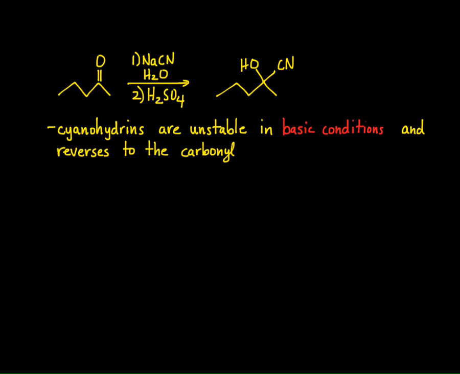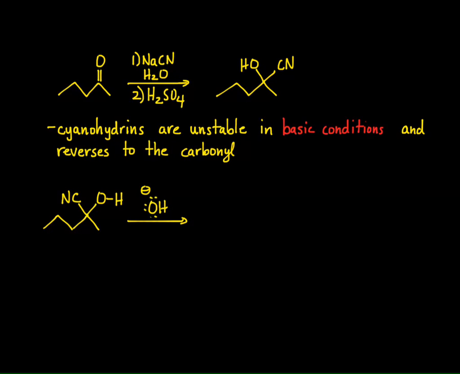You find cyanohydrins in nature a lot of times as defense mechanisms of insects of some sort, where they can release cyanohydrins in their skin, and then those cyanohydrins get hydrolyzed rapidly, and they produce hydrogen cyanide gas, which in turn essentially can kill a predator that way.